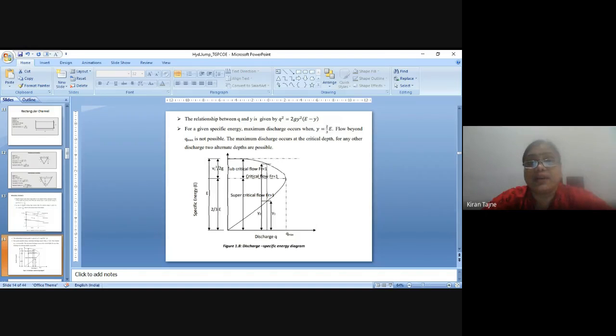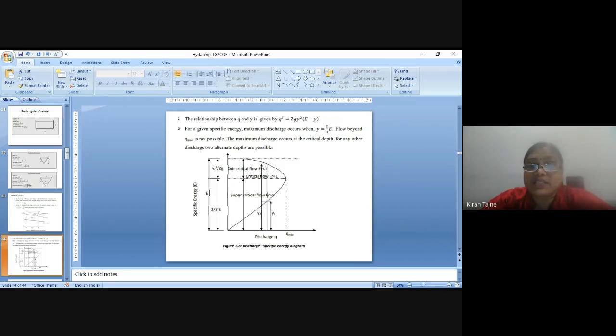For discharge to be maximum, the specific energy should be minimum. Maximum discharge occurs when y is equal to 2 by 3 E, where y is the depth of flow and E is the minimum specific energy. Flow beyond Q max is not possible.